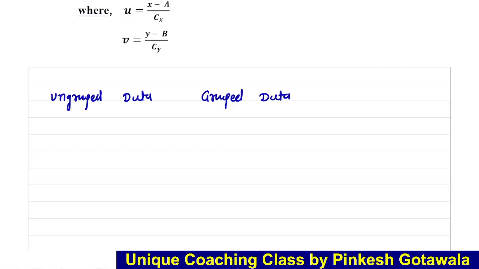Okay, in that you learn about this ungroup and group data, but many students didn't know or maybe forget. So let's remind you. Ungrouped data means where you will get only xi. That's it, ungrouped data. Okay, and under the group data you will get xi, but with that fi also, means you will get frequency also.